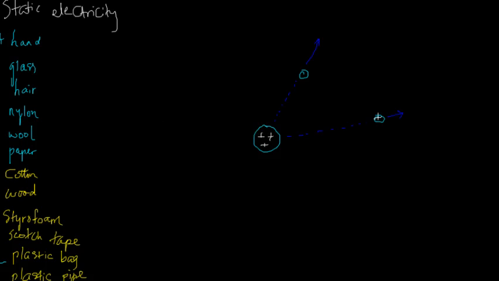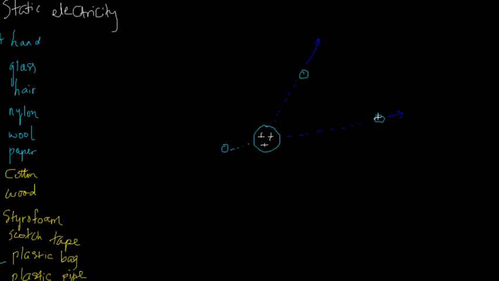Now the other feature about this force is that if the smaller charge, the smaller object, is closer to it, it will experience a force which is stronger.